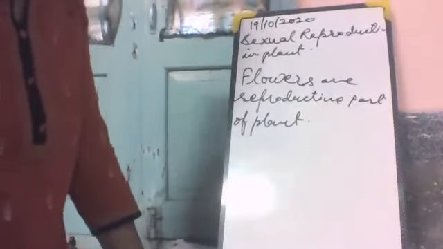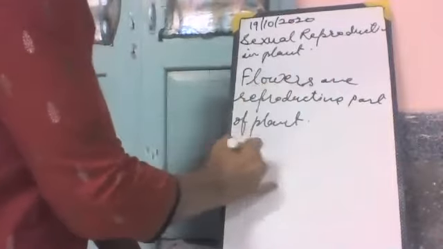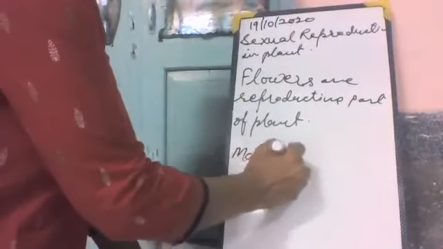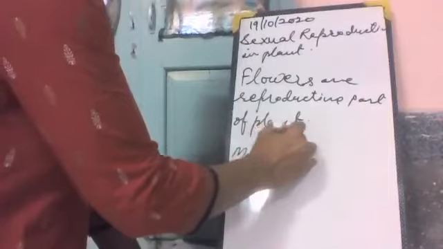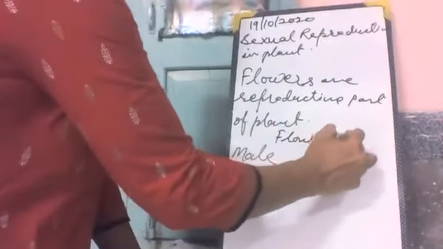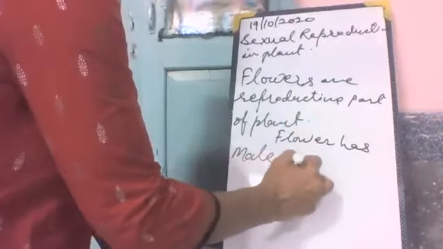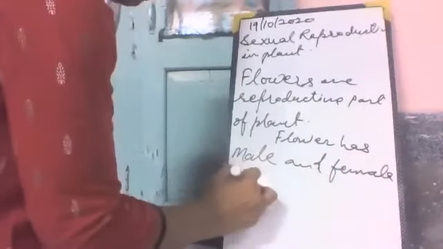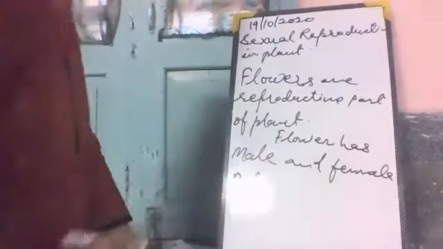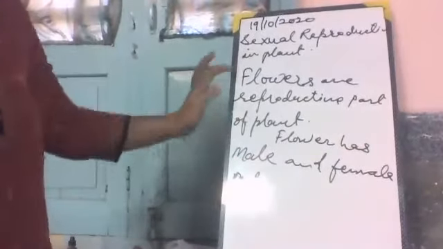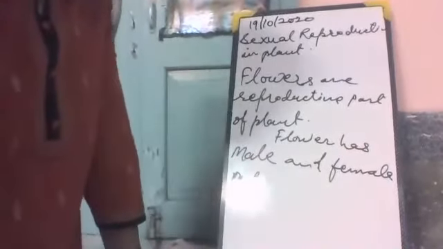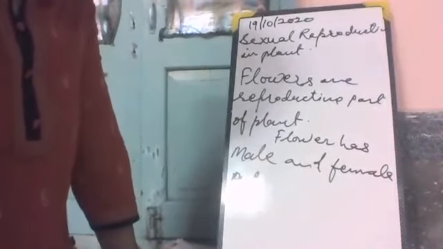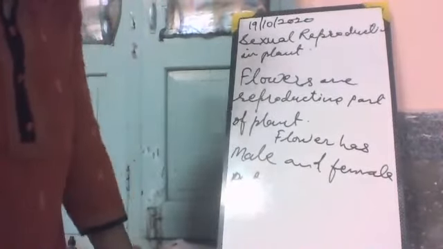They bear male and female parts. A flower has a male part and a female part. Both parts are present in the flower. Reproductive cells on fusion produce seed.